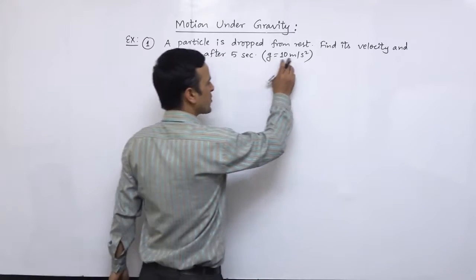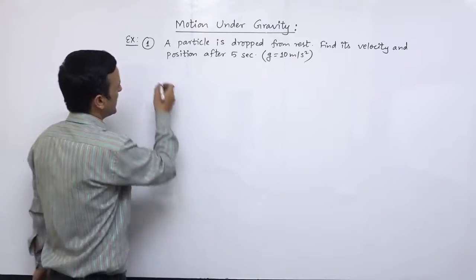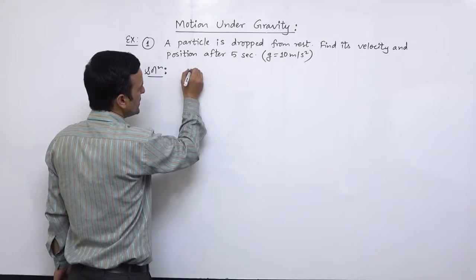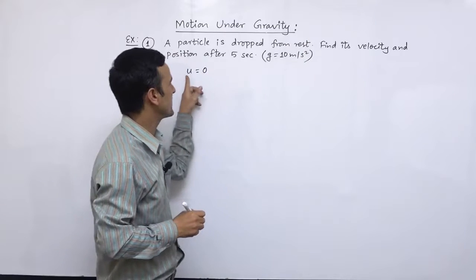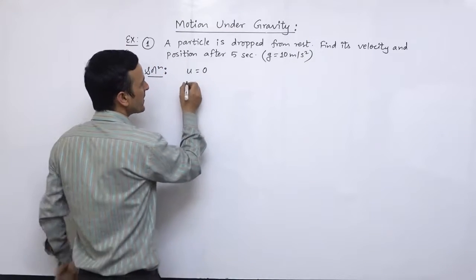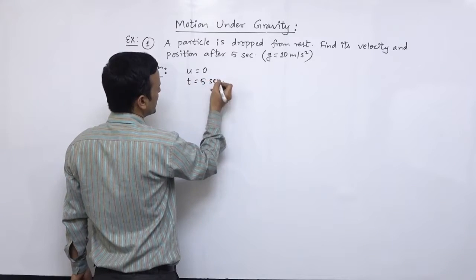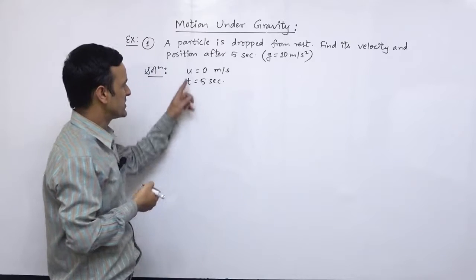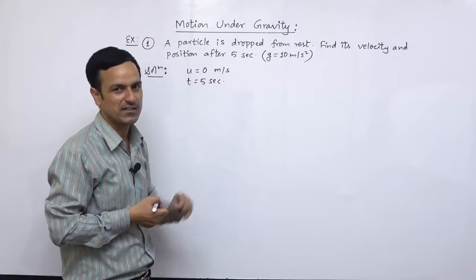So, and g is provided over here. g is equal to 10 meter per second square. So for this, we can write u is equal to 0. From rest means always initial velocity is 0. And time is also given, 5 seconds. Velocity, initial velocity, SI unit of initial velocity is meter per second.